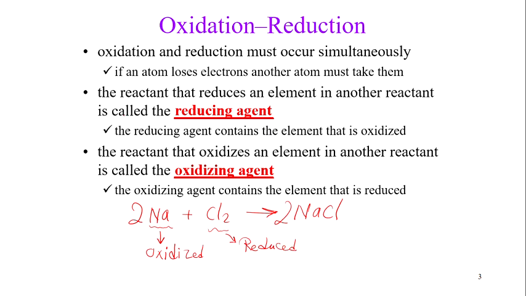It says the reactant that reduces an element in another reactant is called the reducing agent. So this element, sodium, causes another reactant to be reduced. We call that reducing agent.